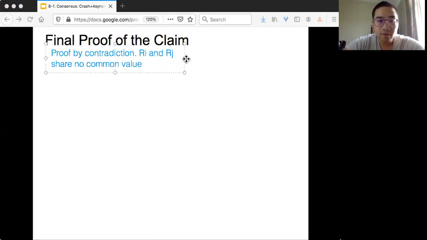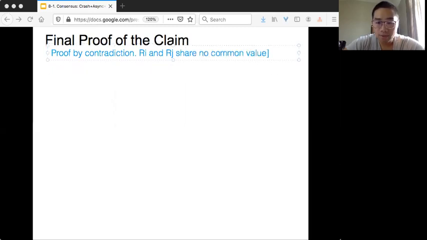And then because of this argument, what we can know is that this actually implies that the size of the union of Ri and Rj is equal to the size of Ri plus the size of Rj, because they contain only unique values between the two sets.